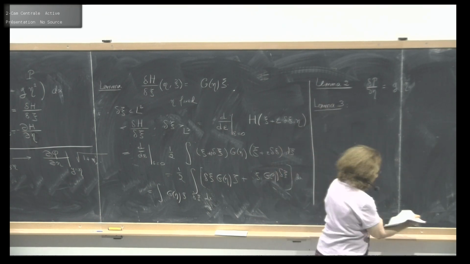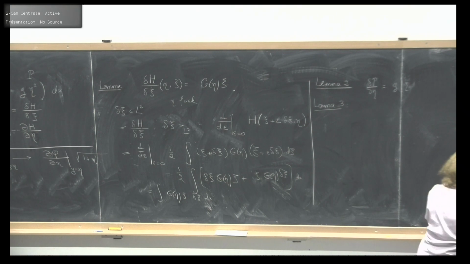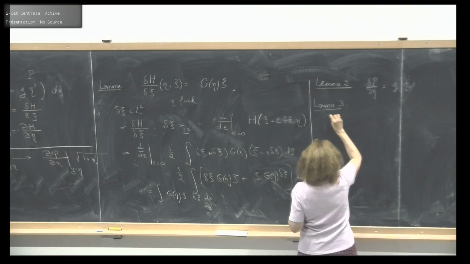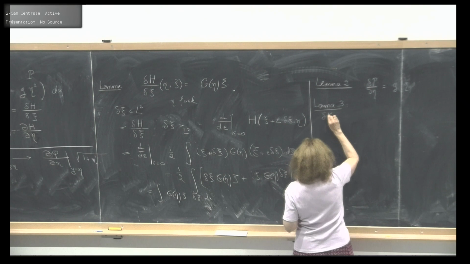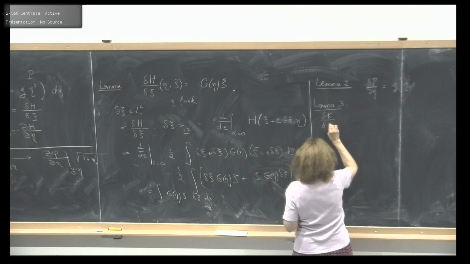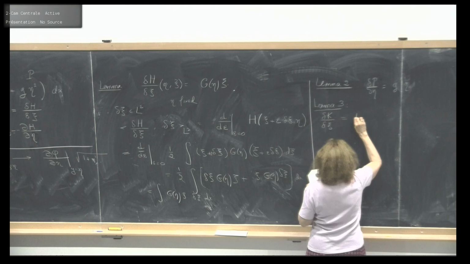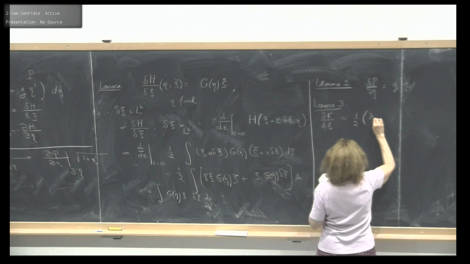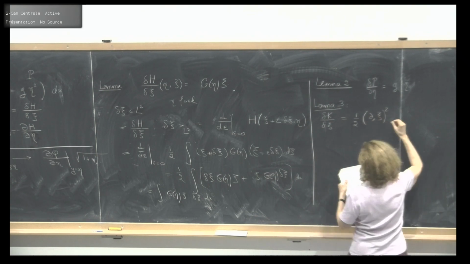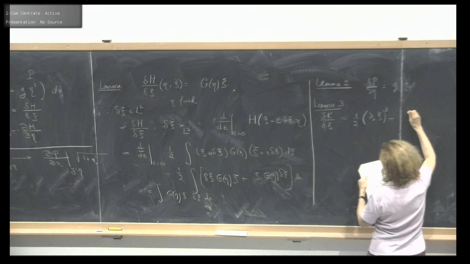We have a lemma that says that the derivative of K in eta is exactly 1/2 of dx xi. That one is a little bit less evident, so we are going to recover this.